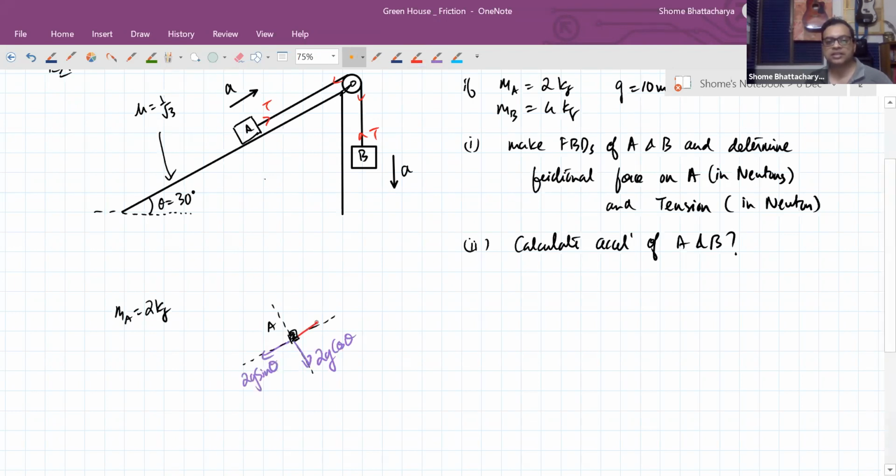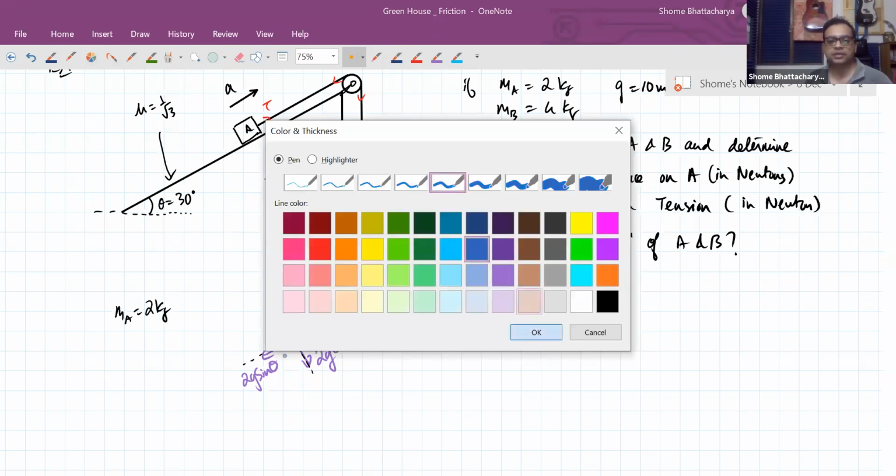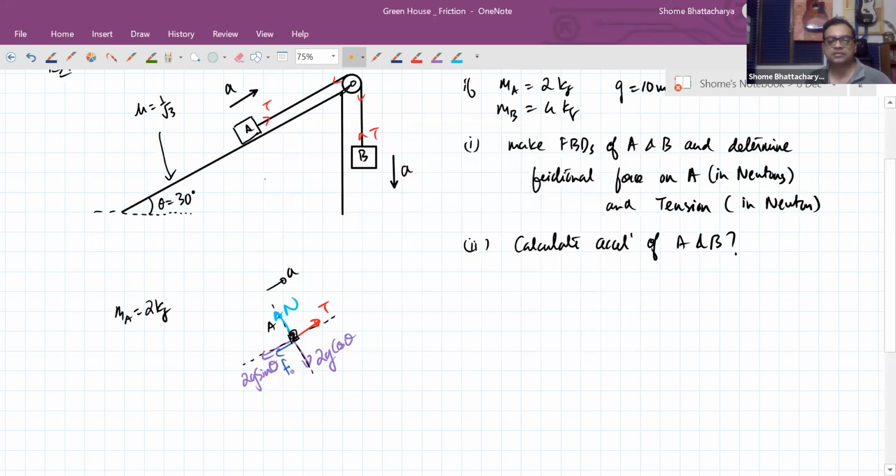This is the tension which is dragging it along this direction with an acceleration a. Of course, there is normal reaction N. Because it's dragging in this direction, how will kinetic friction act on it? The kinetic friction will be opposite to the direction of slipping. So the kinetic friction will be like this. And the kinetic friction on A will be equal to mu into N. So that's one equation. Then of course we have T minus 2g sine theta minus kinetic friction is equal to 2a.